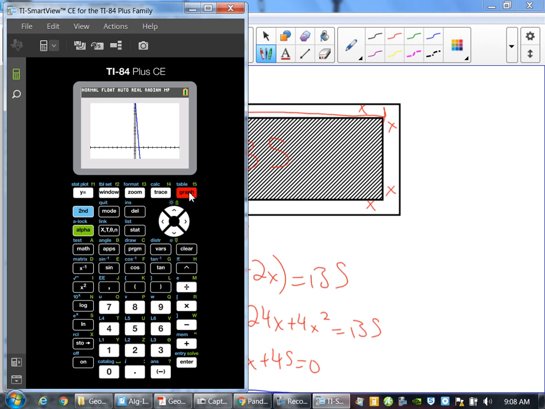So let's see. We had changed my window because we knew it was at max. We'll put it at 15. So you'll see you get 2 different zeros just by moving the graph around real quick. I would hit a second calculate zero from there and a second calculate zero there, and it works out to be about the same values.